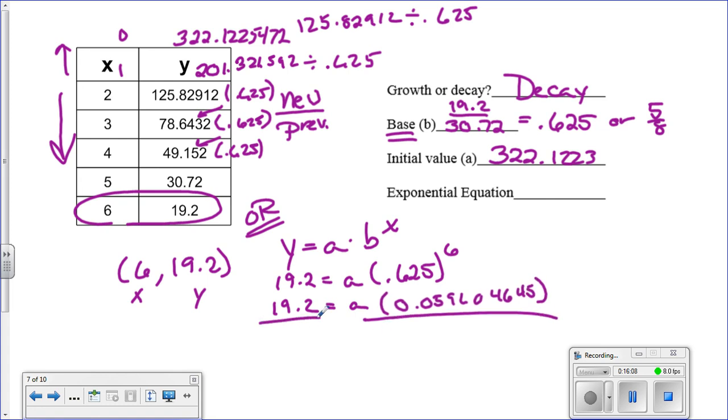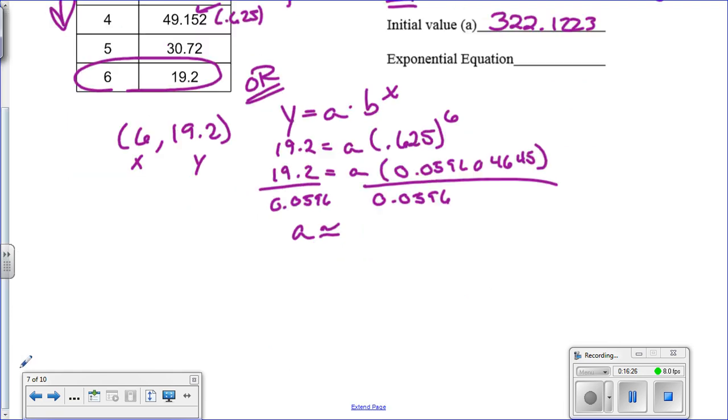I'm going to divide both sides by that. So a is approximately 19.2 divided by that, and guess what? I'm going to get the same exact thing.